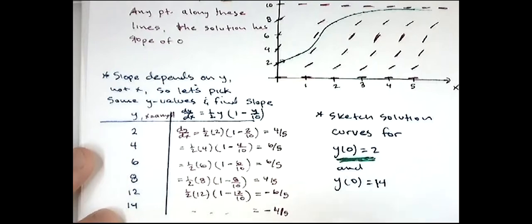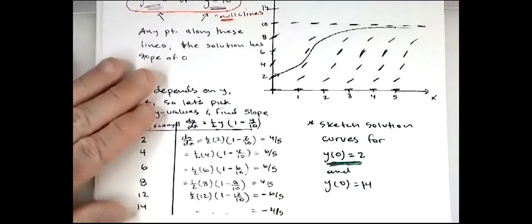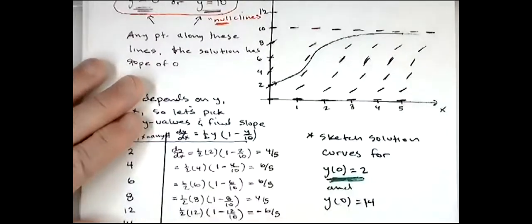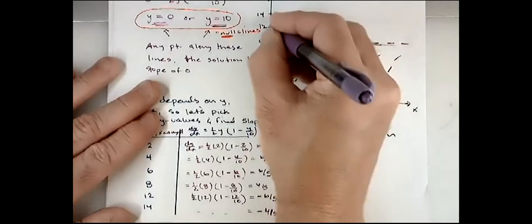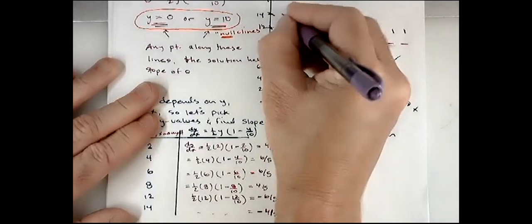And so what ends up happening, maybe if I move this out. Kind of can fit it in there. Oh, wrong way. So everywhere at 12, I'm going to have a steep negative slope like this. And then at 14, it was not quite so steep. It was like -4/5, so not quite as steep in a negative way.